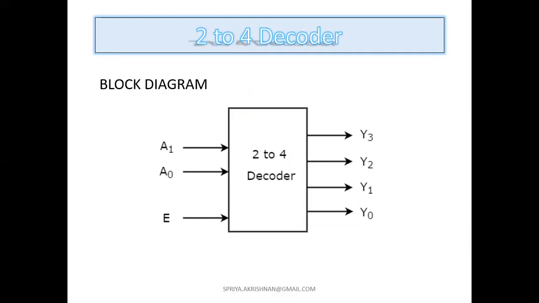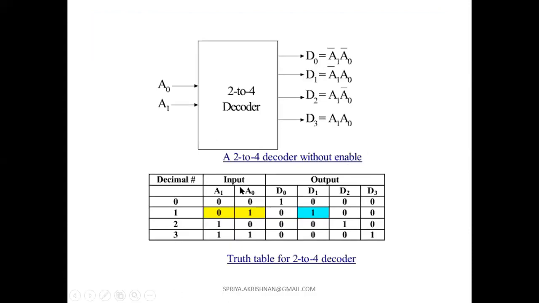Only if the power switch of the TV is on can you change channels. If the power switch is off, even if you change the channel, there won't be any effect on your TV. So that is the idea. So 0, 0, 0, 1, 1, 0, 1, 1. If it is 0, 0, D0 will be 1. If it is 0, 1, D1 will be 1. 1, 0, D2 will be 1. 1, 1, D3 will be 1.